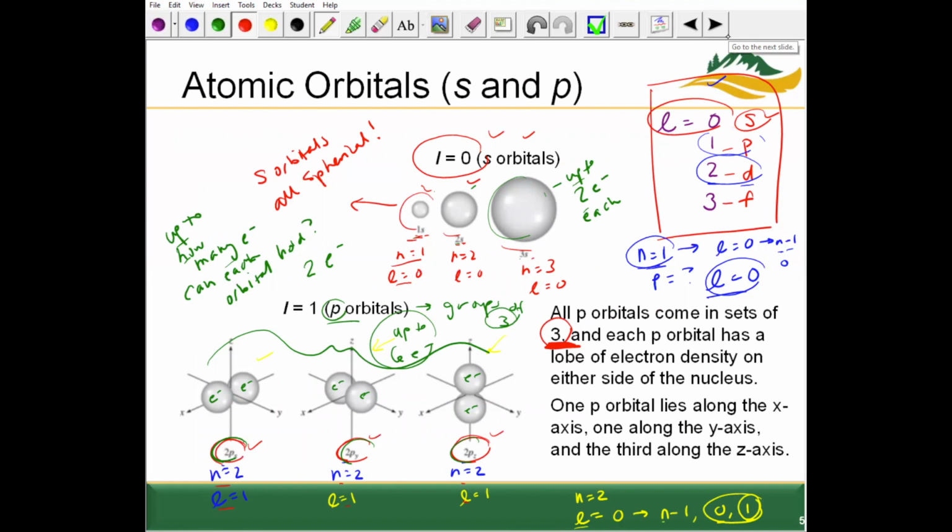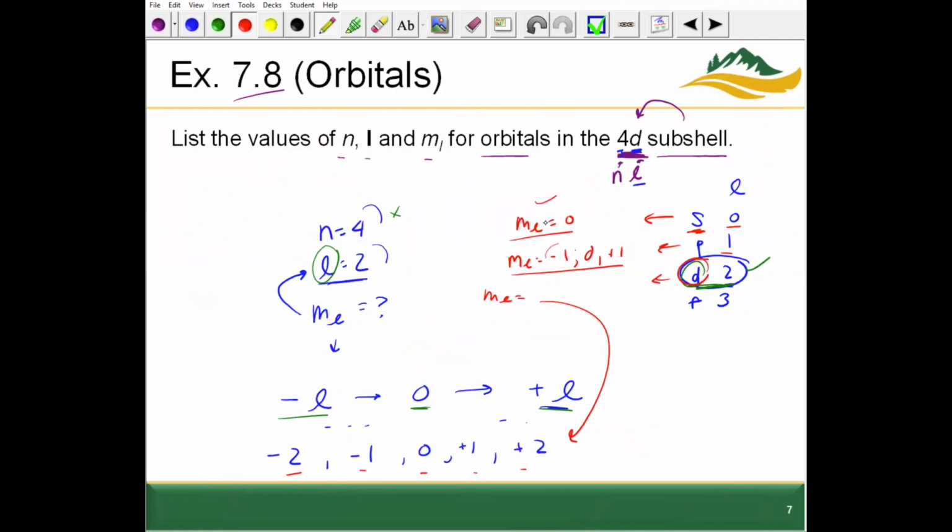Then for p orbitals, here's our px, py, pz. These are all from the same shell. More specifically, these are all from the same subshell. They all have the same n and l value. So this is what we expect for m sub l values according to how many different shapes there are for the orbitals: 1 s orbital, 3 p orbitals, 5 d orbitals, and 7 f orbitals.